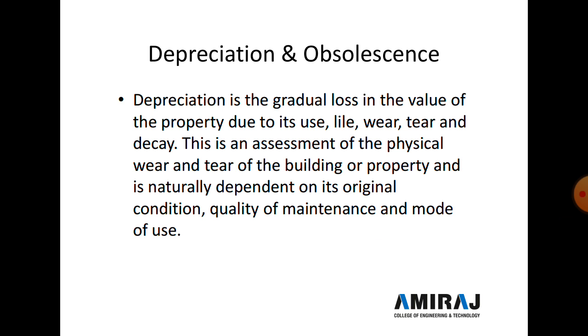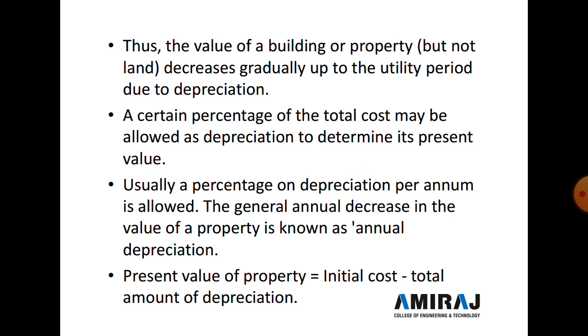This is an assessment of the physical wear and tear of the building or property, and naturally depends on its original condition, quality, maintenance and mode of use. Thus the value of the building or property decreases gradually up to its utility period due to depreciation, and a certain percentage of total cost may be allowed as depreciation to determine its present value.